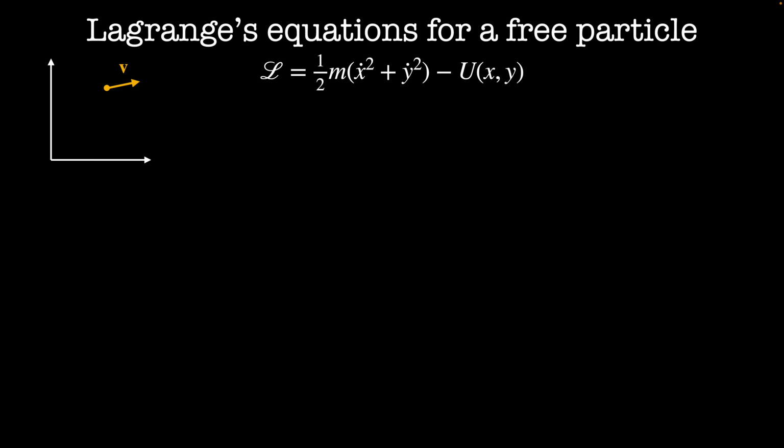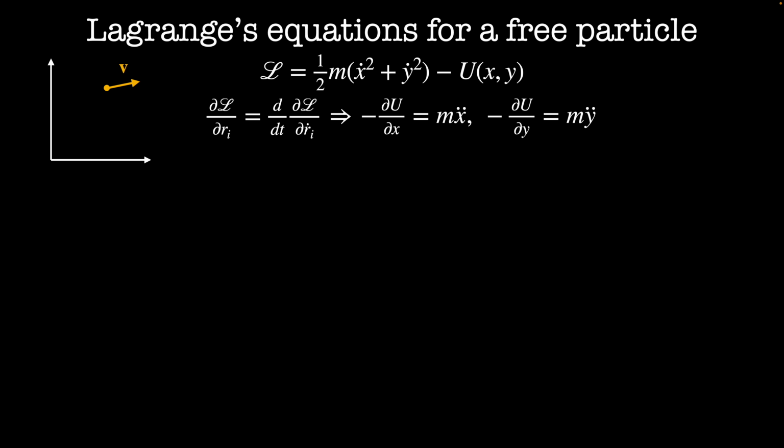I get 2 Euler-Lagrange equations for the dynamics of this system, one for x and one for y. This tells me that the force in the x direction is equal to minus the derivative of the potential energy in the x direction. So those are Newton's equations again. And since these are symmetric, I get the equivalent equations for the y direction as well. What if I wanted to solve this in polar coordinates?